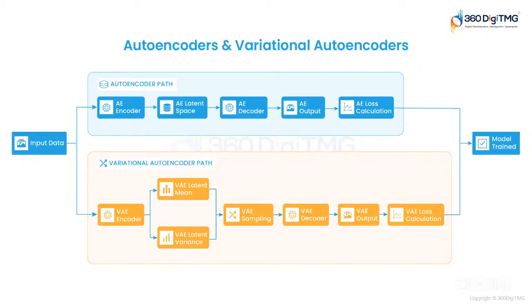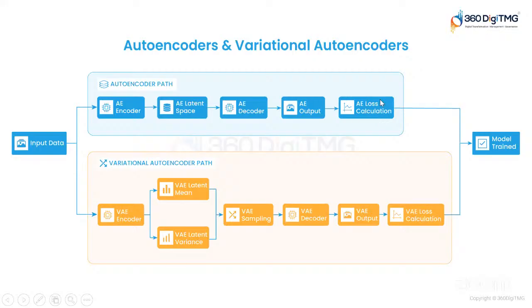After the reconstruction output is generated in the output layer, we will have a loss calculation. For the loss function, we can use either a cross entropy or a binary cross entropy function. Generally, we always calculate the reconstruction loss.